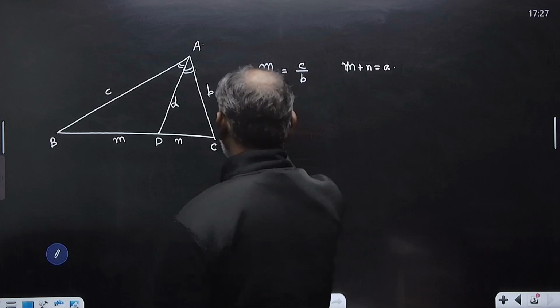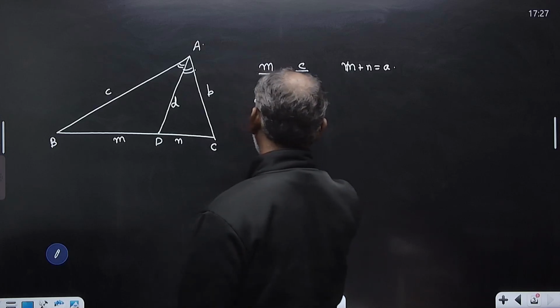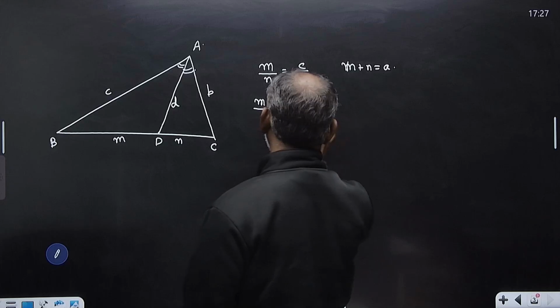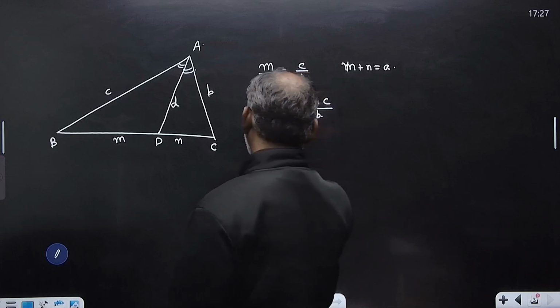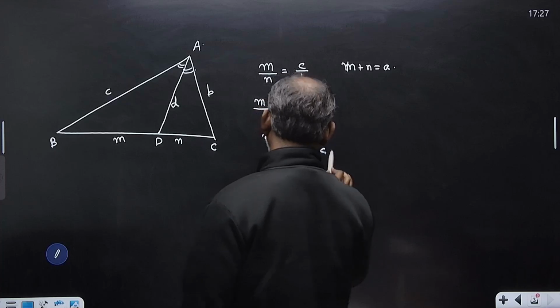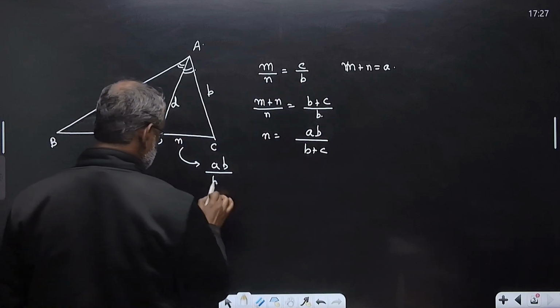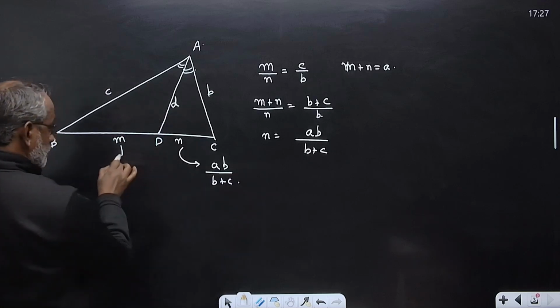So you can see M plus N is A, so N is AB upon B plus C. And what is M?